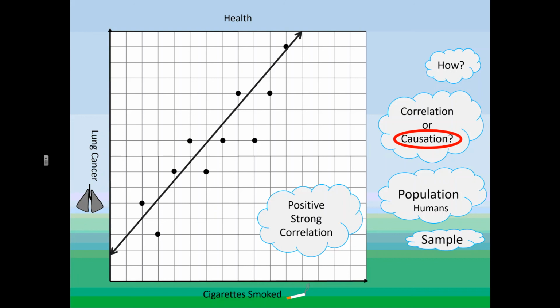And then we can't do an experiment on it. We can't force people to vape. All we can do is watch and see if the people who vape die and how fast they die and what they die of. It will be a very difficult process.